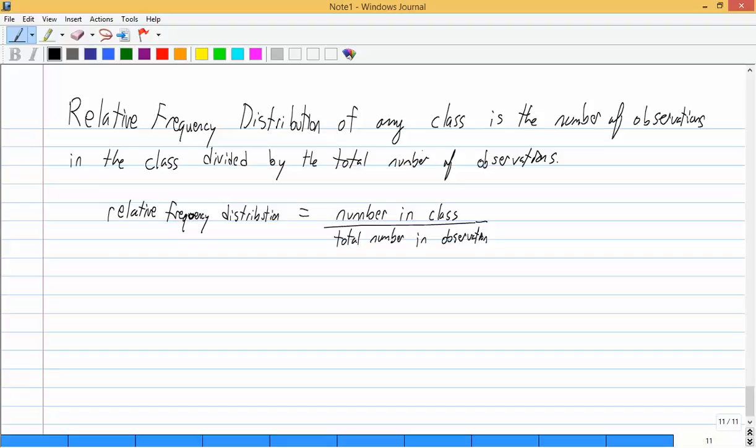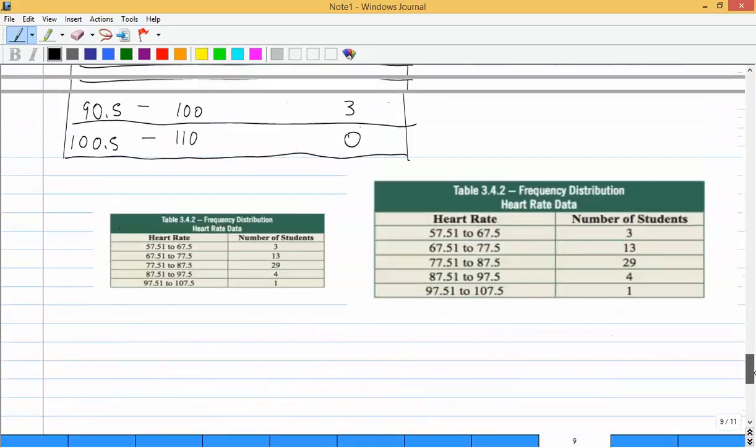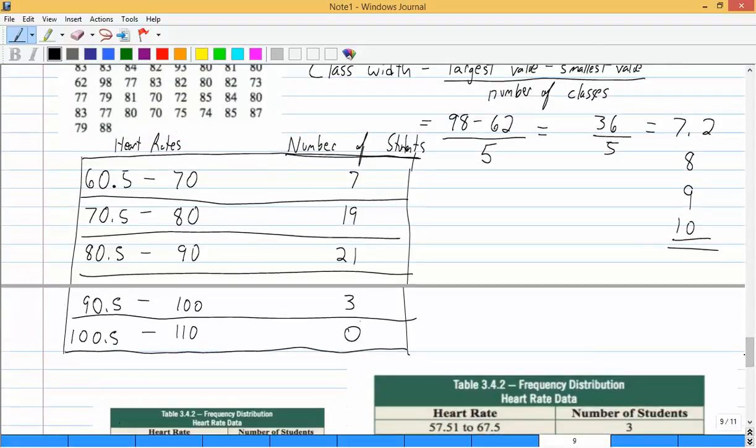Sometimes you may see that as a decimal. Sometimes you may see that number, the decimal, times 100 to make it a percentage. So if we wanted to do that for the one that we came up with, I'm just going to add another column.